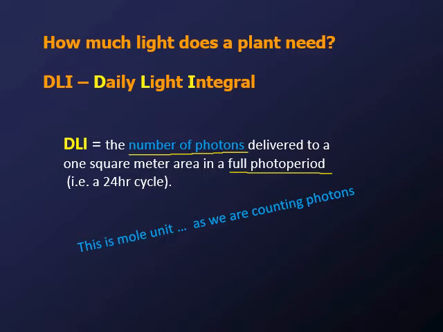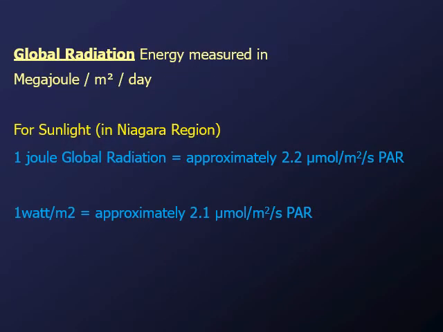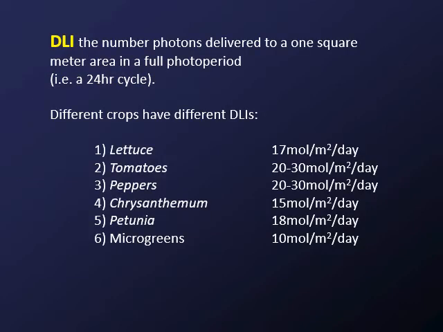Again, it's in moles because we're talking about units of photons, counting them. So you can convert your global radiation, watts or joules, to moles if you have to. And at the end of the day, this will be a big number. Or your computer system may actually calculate it for you, and that is often the case.